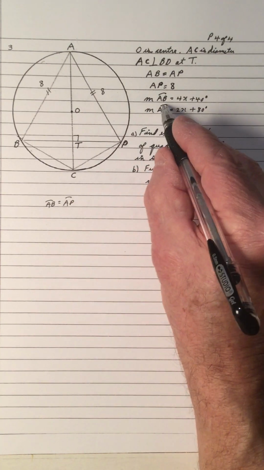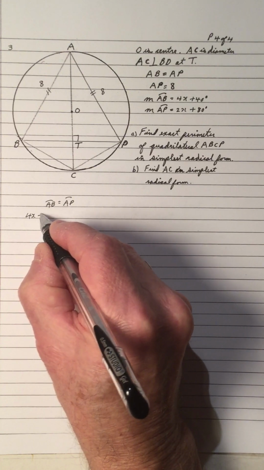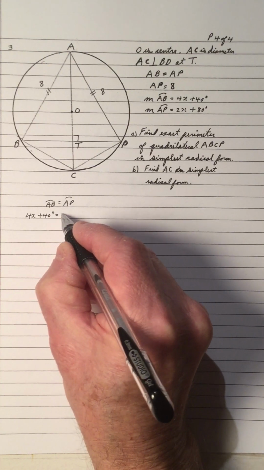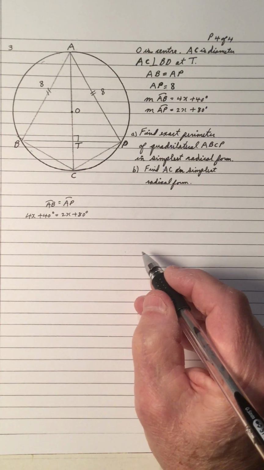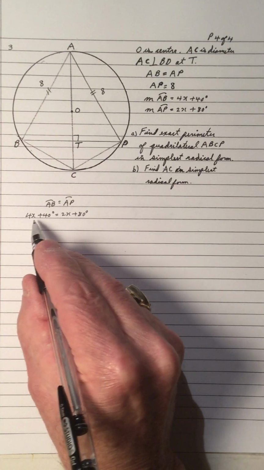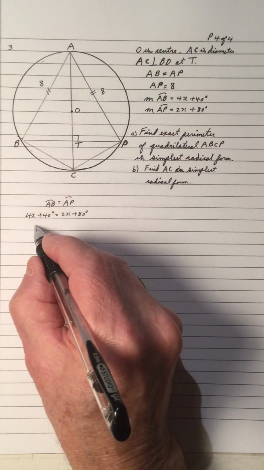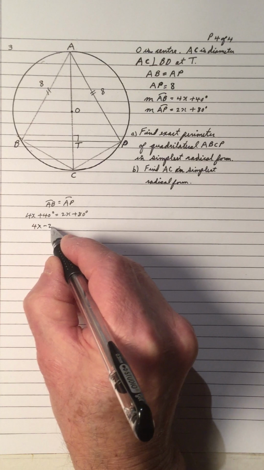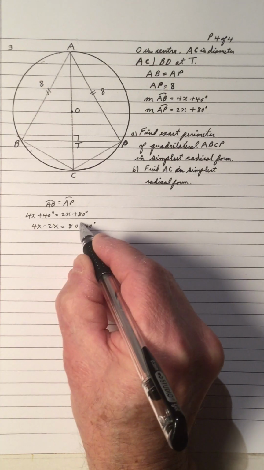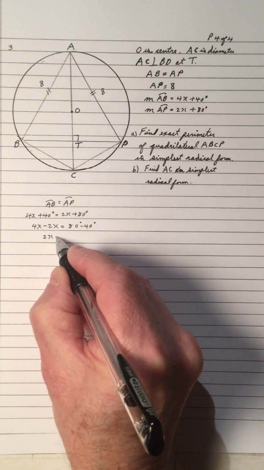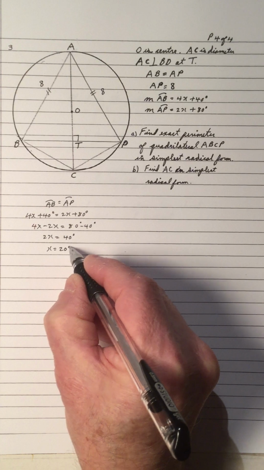That means that 4x plus 40 degrees is equal to 2x plus 80 degrees. And so we can get the measure of these arcs. So 4x minus 2x equals 80 minus 40. 2x equals 40 degrees. Divide by 2, x is 20.